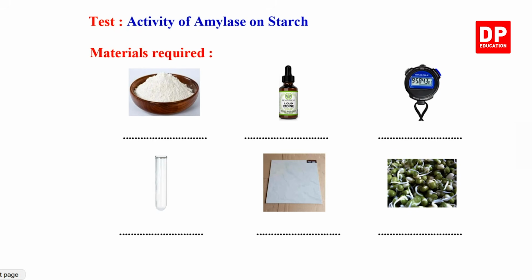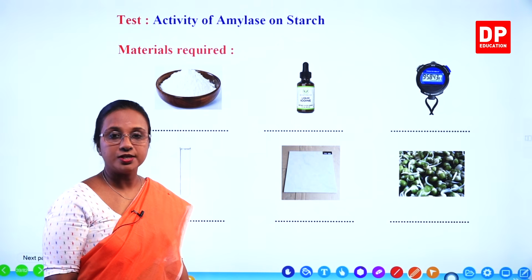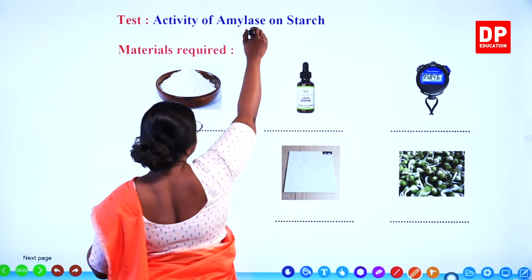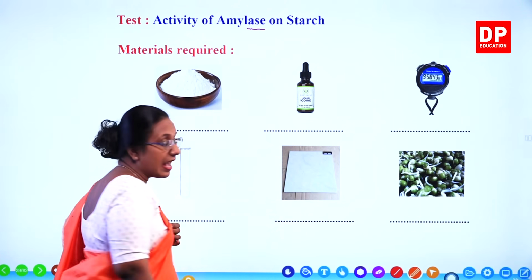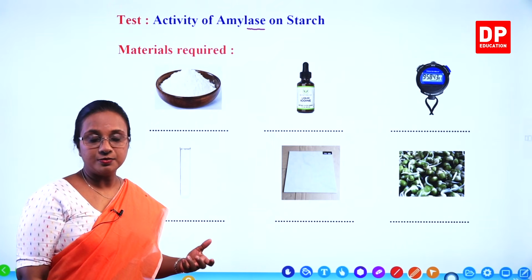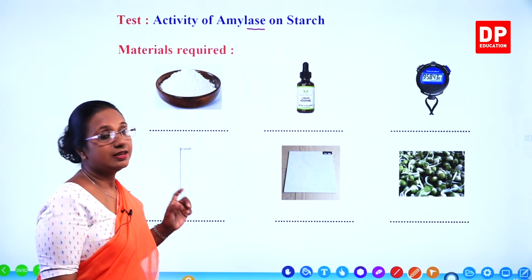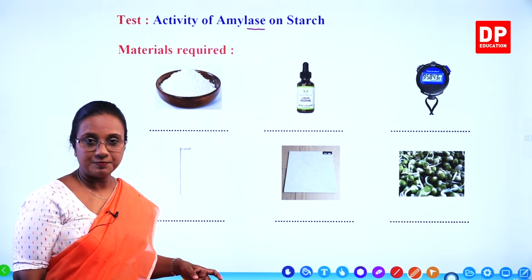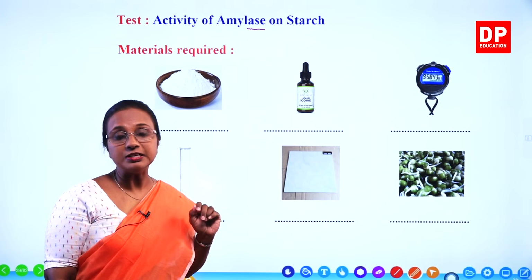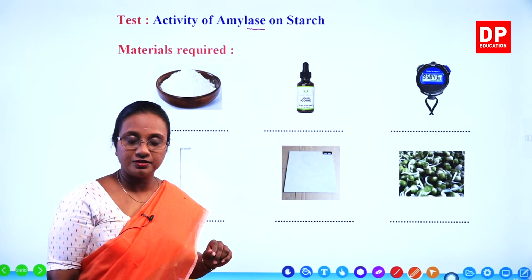So, to demonstrate the activity of enzymes, we use the enzyme amylase and we demonstrate the activity of amylase on starch. In a name, if you get these three letters at the end as A's, amylase, sucrase, invertase, they all mean that it is an enzyme. And the first part of the name usually refers to the substrate they act on.